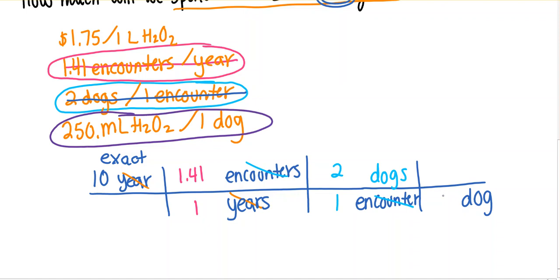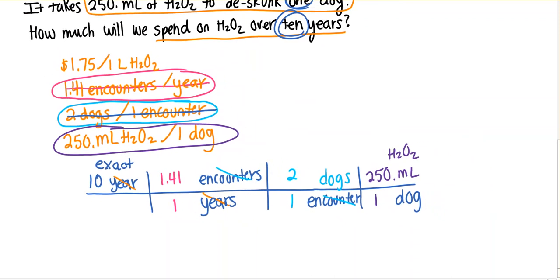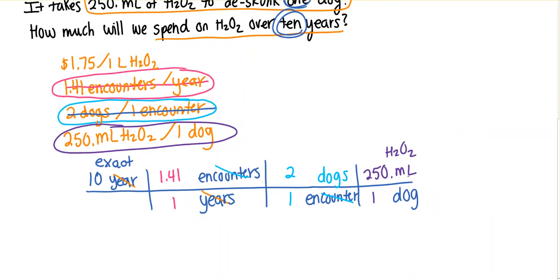So I can go from 1 dog to 250 milliliters of the hydrogen peroxide. Just kind of continue here. I got rid of the dogs, and I'm going to put milliliters of H2O2 down here. And so I use this. Looks like I have 1 left.